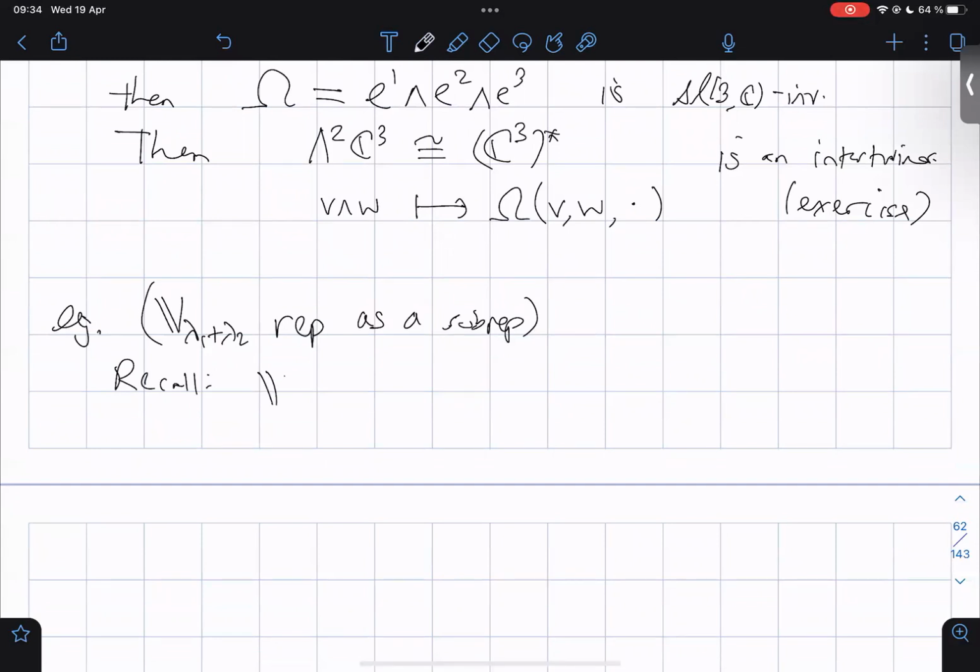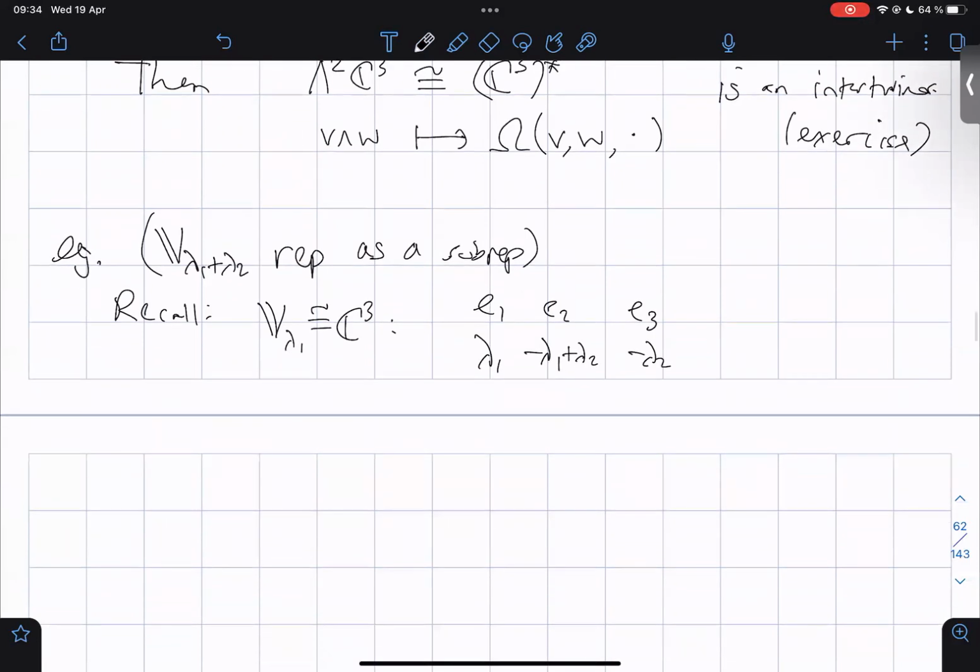Lambda 1 is the highest weight for C3. When we just saw this, those are your highest weights.